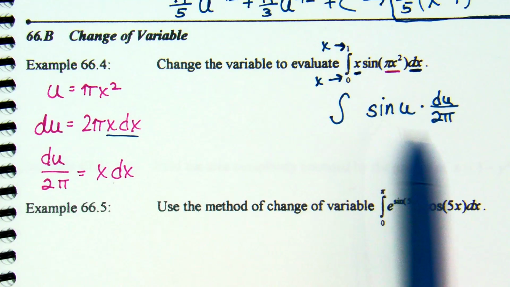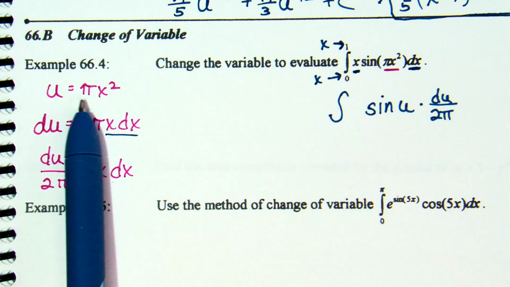When you get done working in terms of u, here's the catch, you have to remember then to replace u with pi x squared, and then you can use your 0 and 1 values. That is one option, and there's nothing wrong with that option. The only catch is you can't forget to replace the u before you put your numbers in.